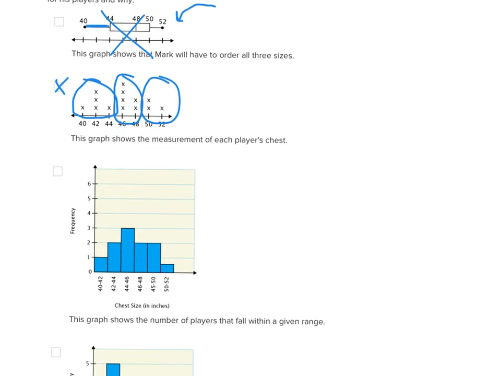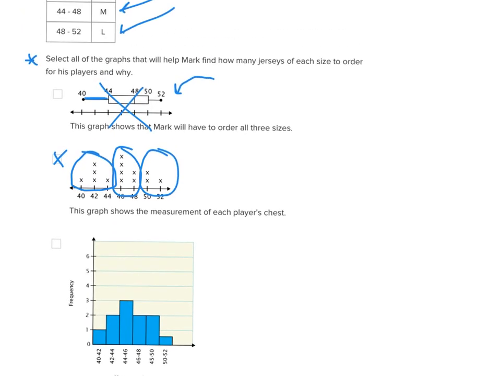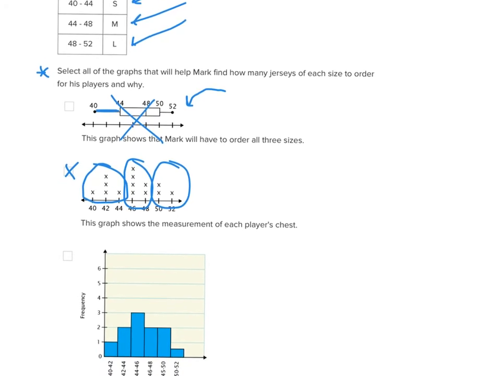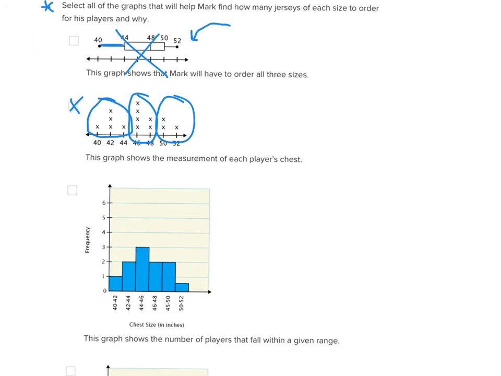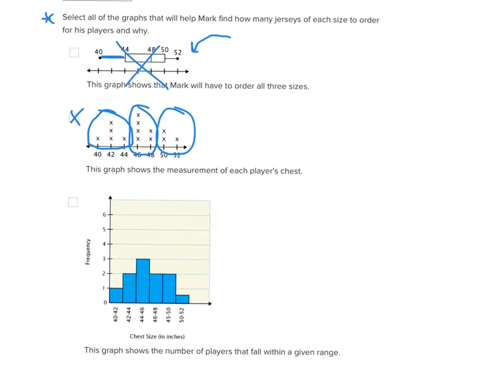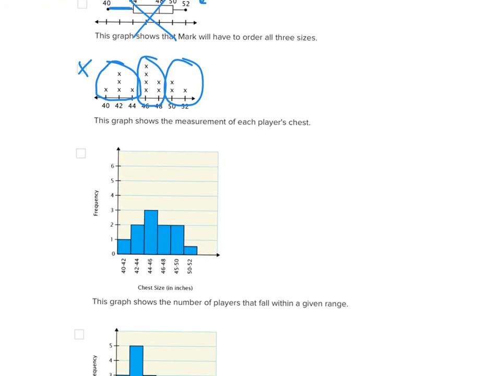40 to 44, this would also seem to work. Let me remember what the sizes were. 40 to 44, 44 to 48, and whoa, this doesn't look good. When you start looking at the sizes here, there's overlap. Look at that.